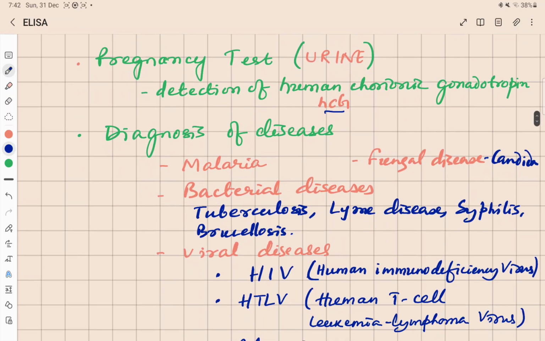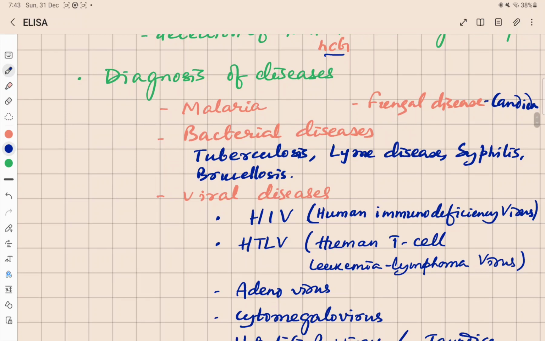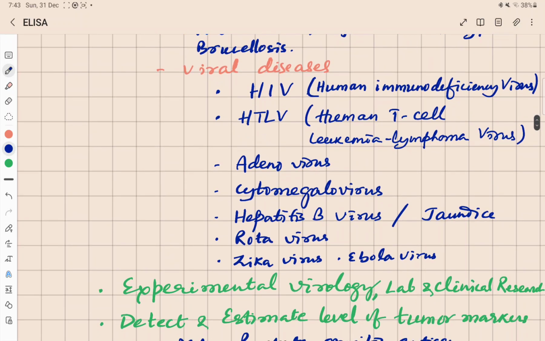Then we can use it for diagnosis, diagnosis of protozoal disease like malaria, bacterial diseases like tuberculosis, Lyme disease, syphilis, brucellosis, fungal diseases like candida, and a number of viral diseases we can diagnose by ELISA. The most commonly used virus is HIV. The antibody in response to HIV can be detected by the indirect ELISA technique.